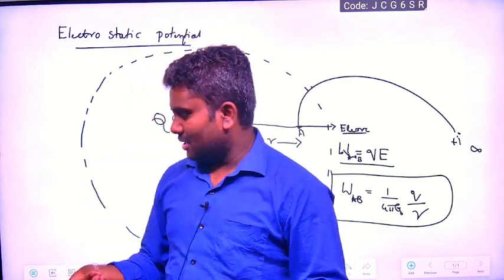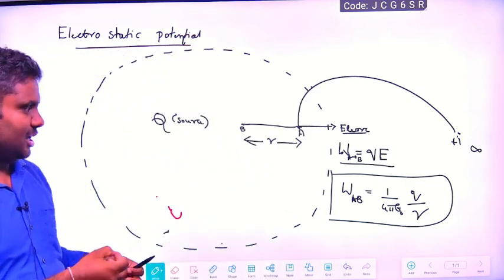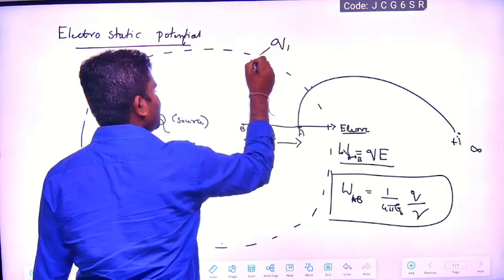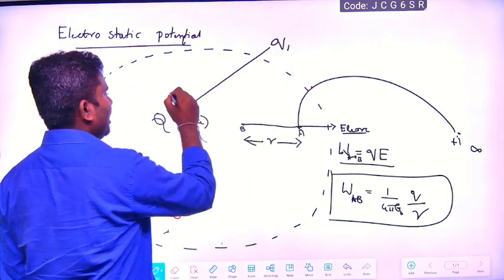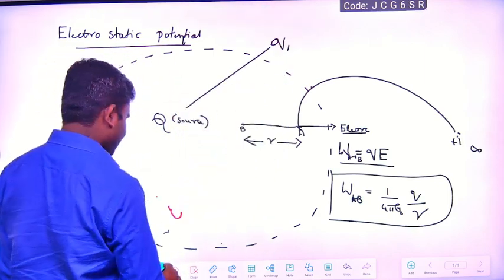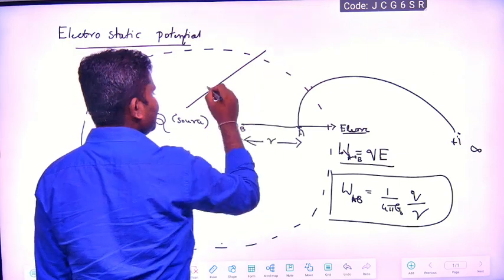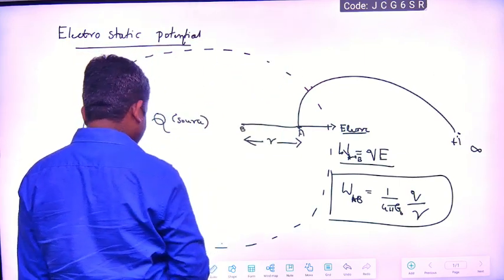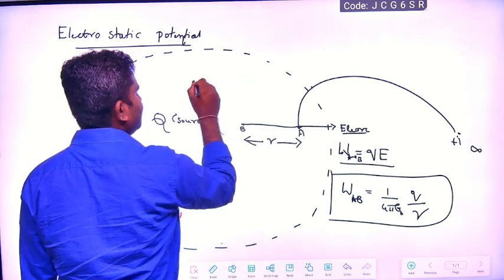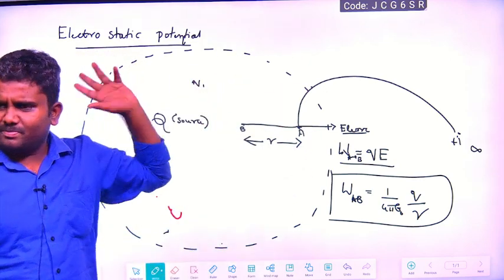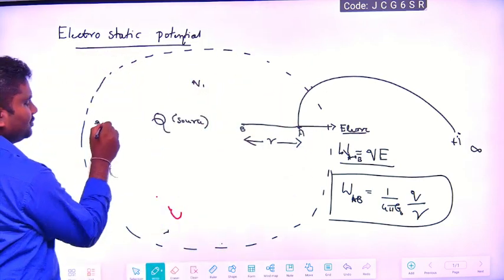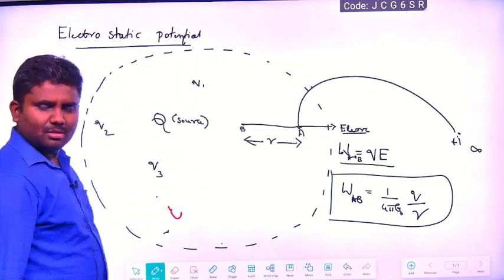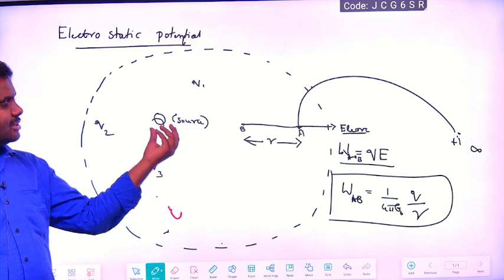For example, if you want to bring one charge near this charge, I will bring charge Q1 near the charge Q. I will bring it near here. Now I want to bring the charge Q1 here. From somewhere, if I want to bring the charge Q2 from some other point, and the charge Q3, see, everything I am bringing near the source charge, right?